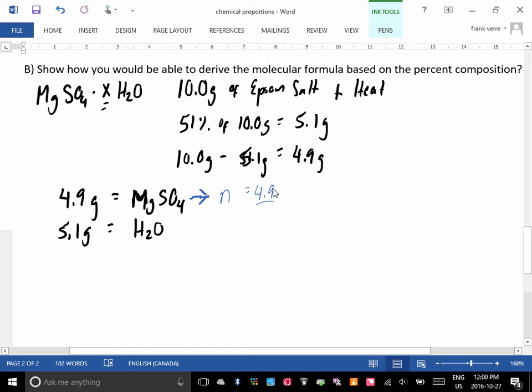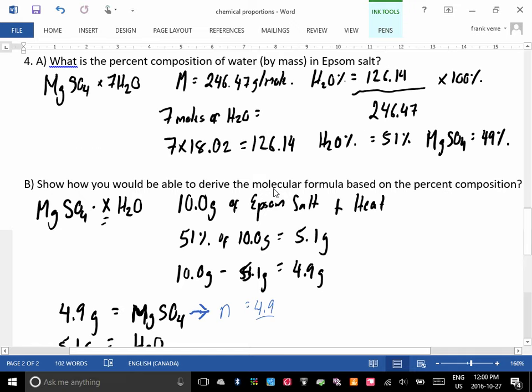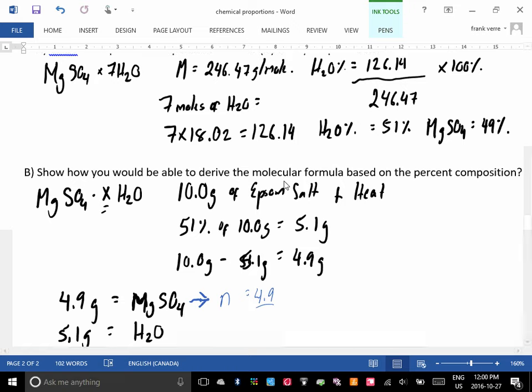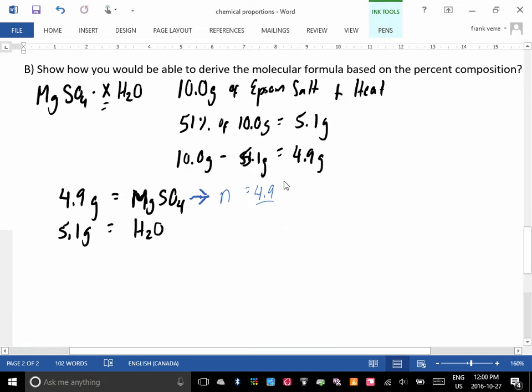You could work it out, or we could remember that magnesium sulfate is 49% of Epsom salt, and the Epsom salt's molar mass is 246.47. So 49% of that should be your molar mass for magnesium sulfate. So what would that be? 120 point something.